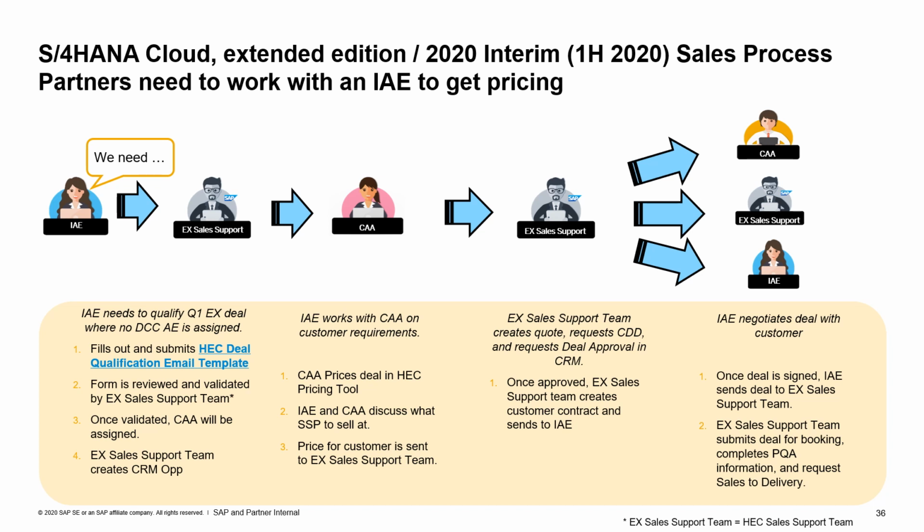And at the end of the day, you would end up getting what you need in terms of quoting to your customer. I won't go into detail in this yellow box, but please take a moment to read and review the process. And in fact, maybe take a screenshot and save this, or download the PDF and refer to this when you need to start working with SAP to get your first deal going.